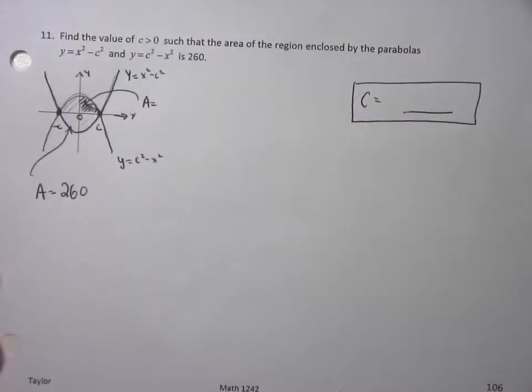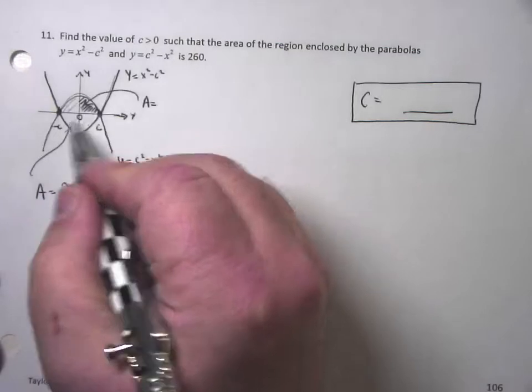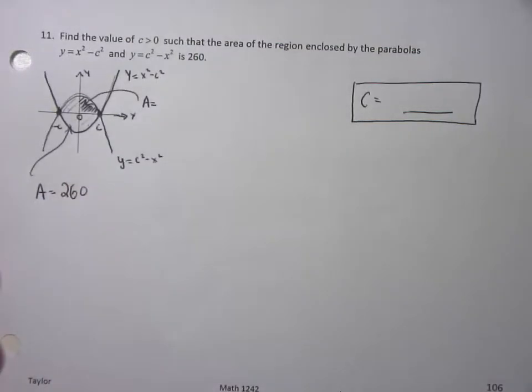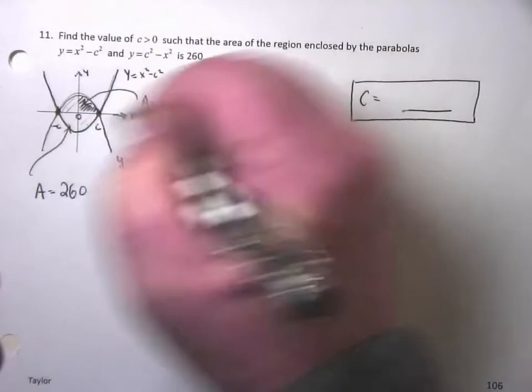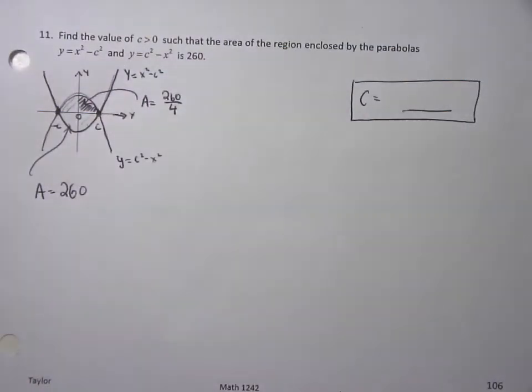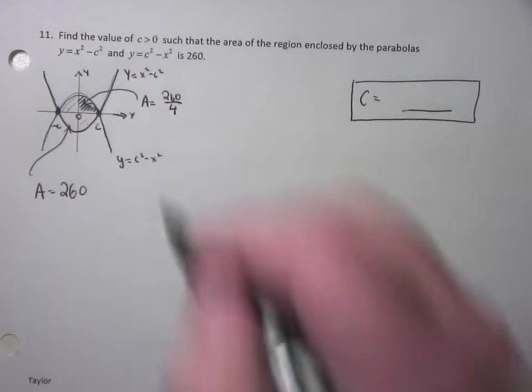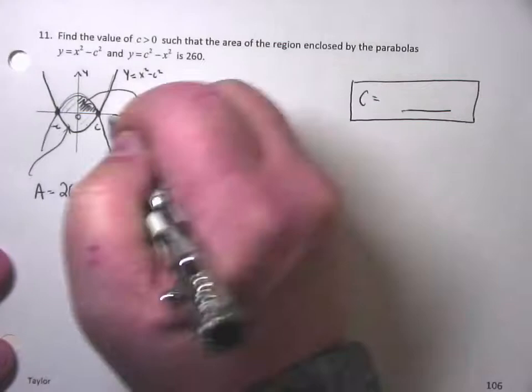Because of symmetry, all these blocks are the same, right? So what is it? It's 260 divided by 4, because there's 4 equal blocks as we subdivide this guy. I'm using symmetry on this guy. Now that's going to make my problem much nicer. Now 260 divided by 4 is 65. That region right there is 65.